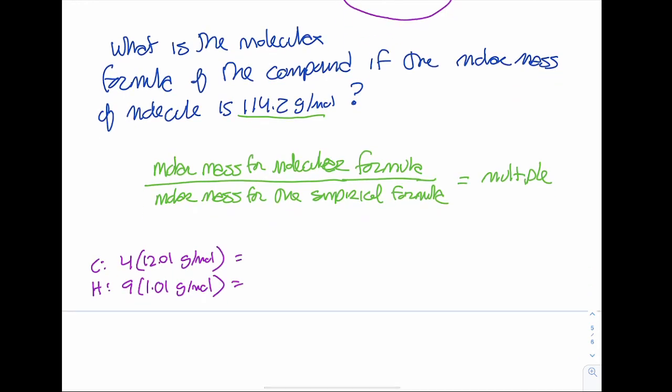Hopefully by now you guys are getting pretty comfortable with calculating molar masses. And then we add that together. I'm grabbing my calculator, and I got 57.13 grams per mole.